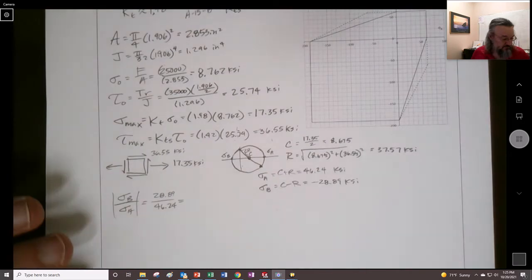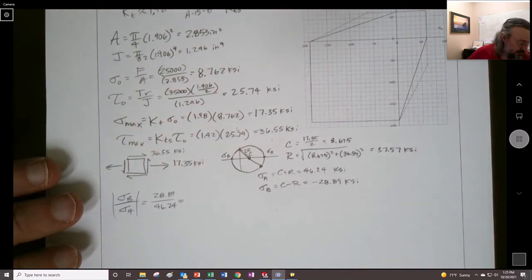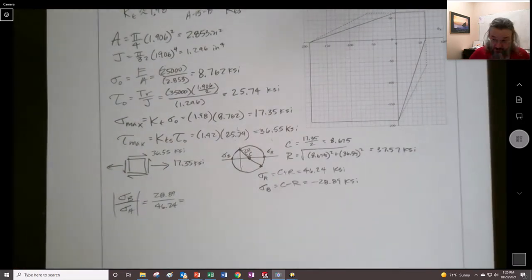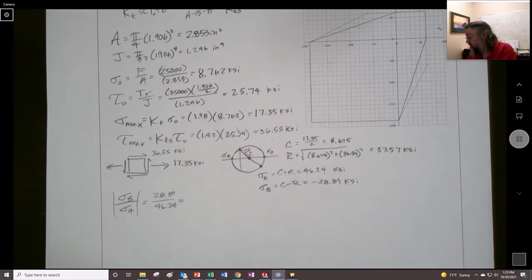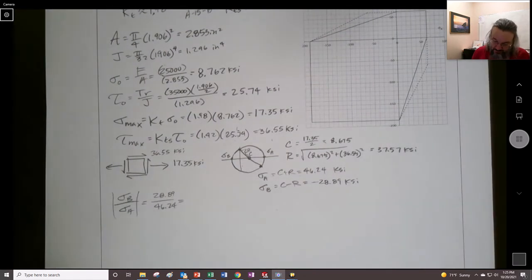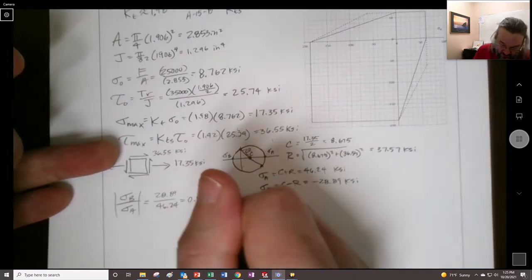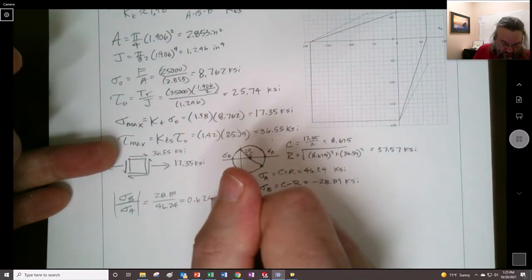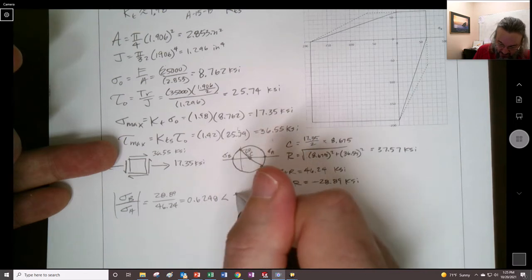I didn't bother doing this right here, but we have 28.89 and 46.24. We get 0.6248, which is less than 1.